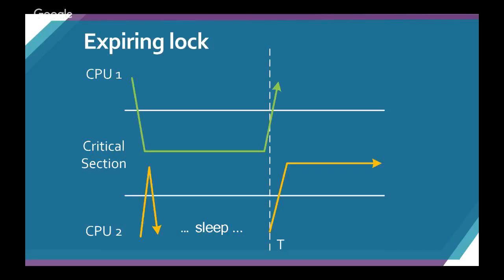So not to spend any resources, it just sleeps. And at some specific time, it wakes up and it accesses the critical section. So spin lock and expiring lock, two different things. And what's interesting is that this is multi-threading, right? But in multi-server programming, you are dealing with a similar kind of concurrency.